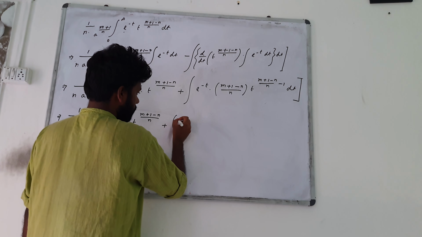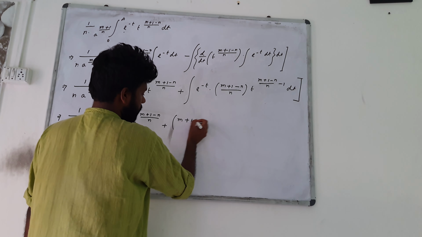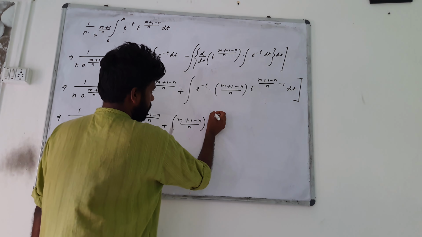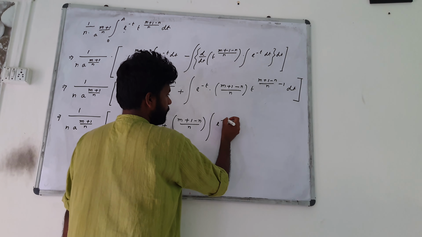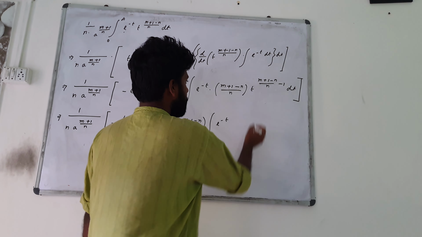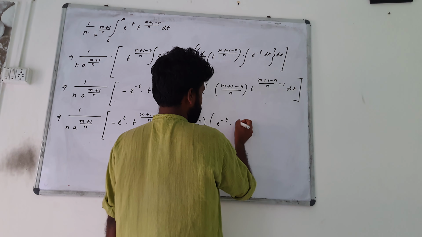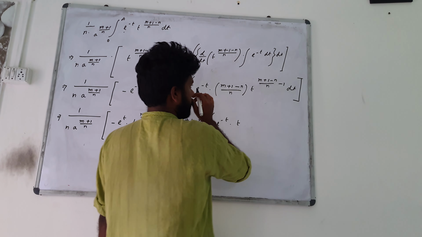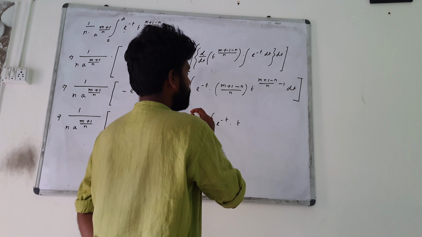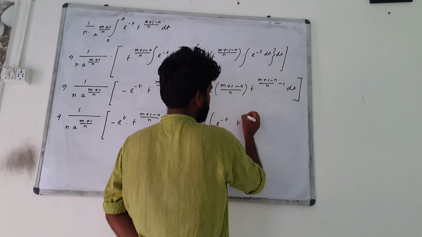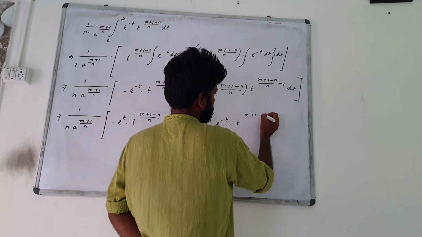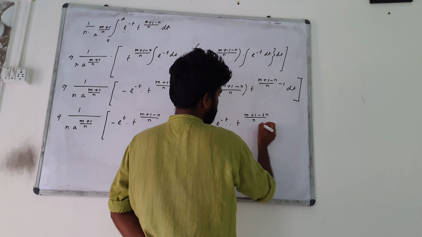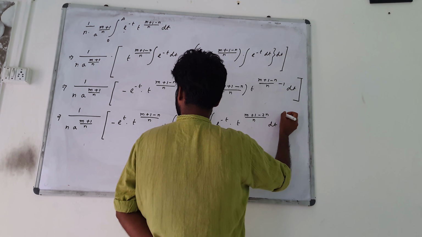M plus 1 minus n by n, e power minus t, and then from the LCM this will become m plus 1 minus 2n by n dt.